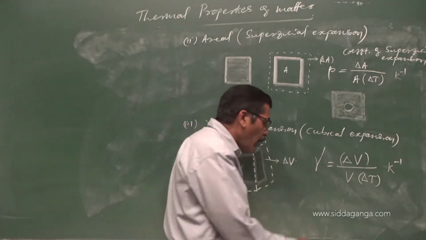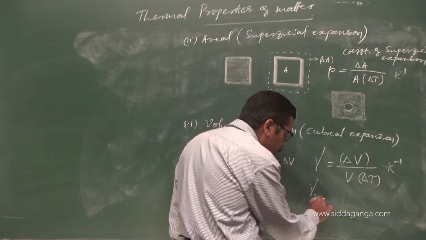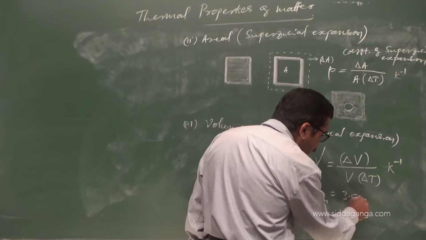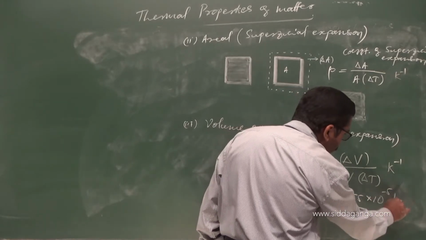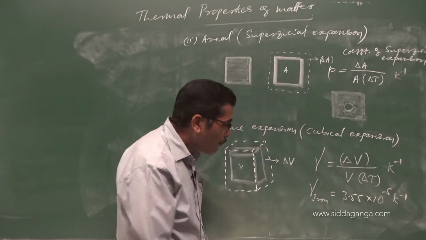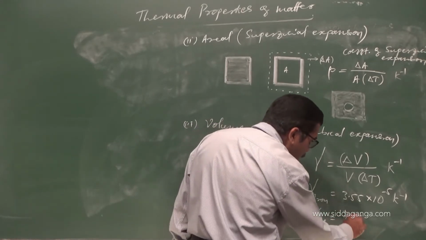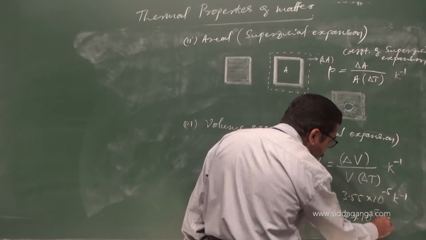For example, if you take iron, its value is about 3.55 into 10 raised to minus 5 per Kelvin. If you take aluminium, it is about 7 into 10 raised to minus 5.